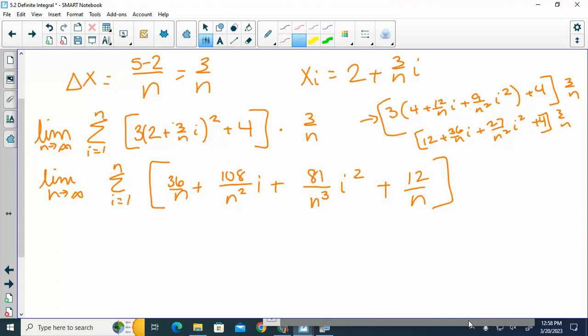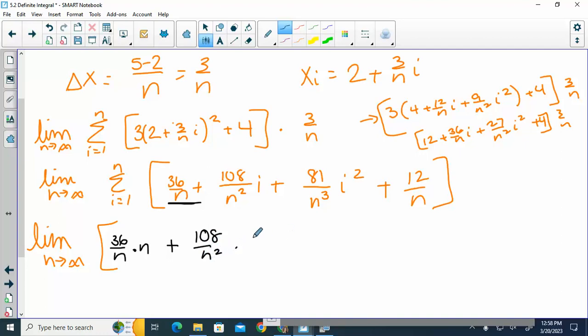Okay. So now we can do summation. 36 over n. It doesn't have an i with it, so it's a constant. When you add up constants, what do you have to do? Mm-hmm. So this is 36 over n times n. Okay, this is 108 over n squared.